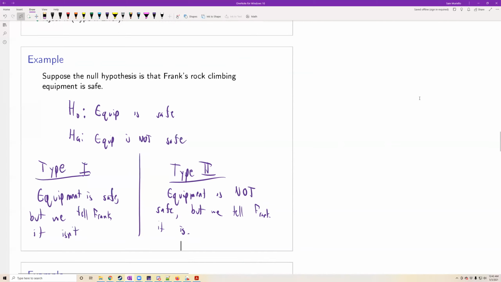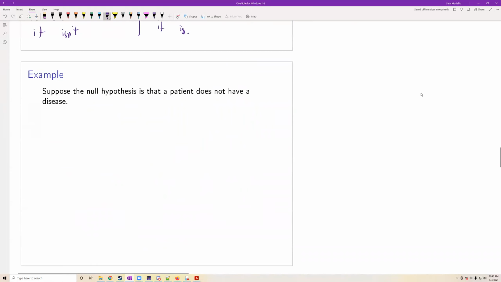Let's do one more example like this. Suppose the null hypothesis is that a patient does not have a disease, so is not sick. And the alternate would be that the patient is sick.